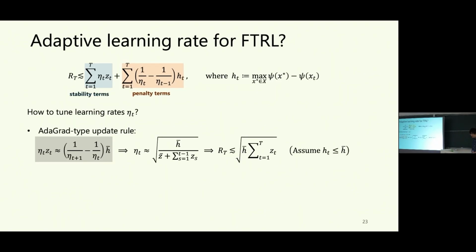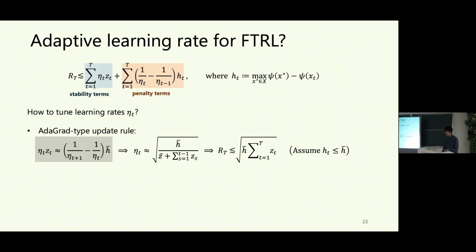And even in the analysis of FTRL, the analysis of AdaGrad type update rule, we can interpret this as some essential condition behind this AdaGrad type learning rate. In fact, we can consider this as a starting point of the design of this type of learning rate.